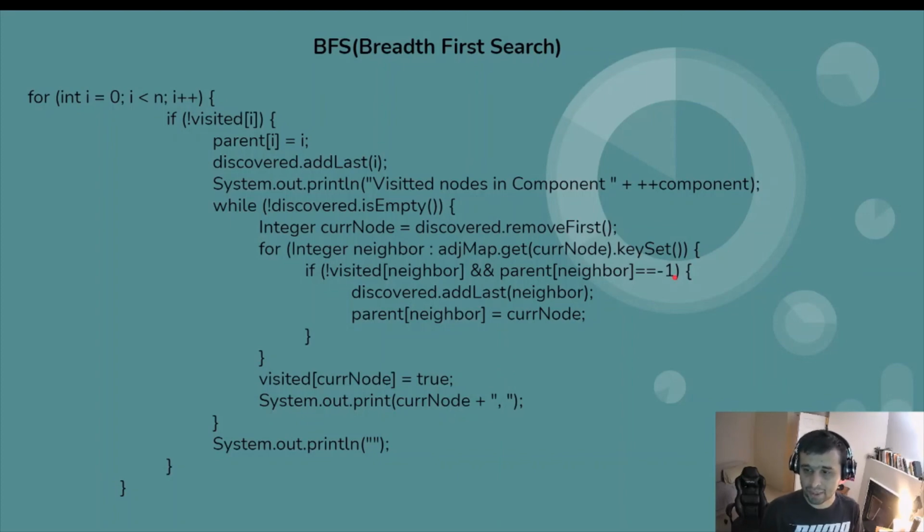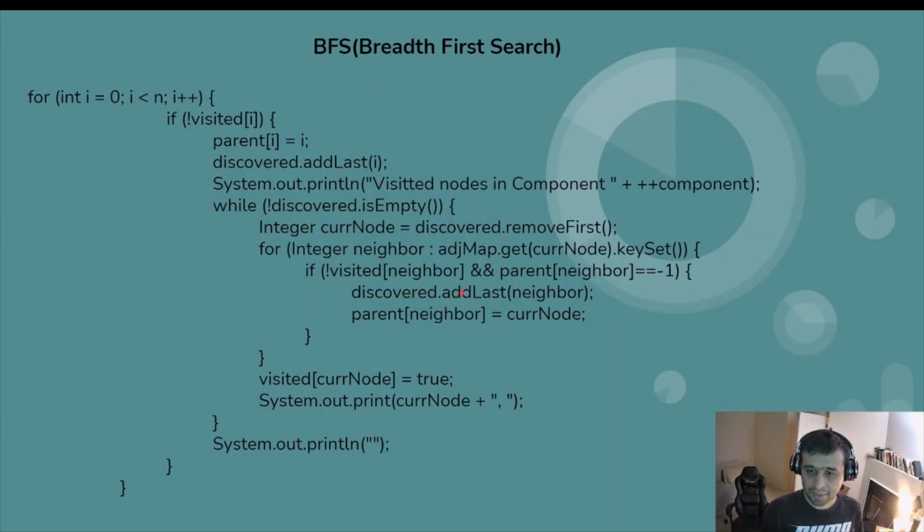Once a node is discovered, we mark the discoverer as the parent of the discovered node. But if the parent is -1, that means that specific node is not discovered until now. If both conditions are matched, then we will go inside this if condition.